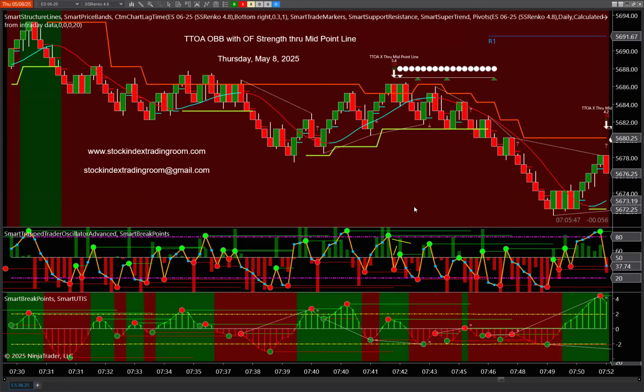So what are we doing? We're looking for, and when I'm working individually, people say, can you find a green dot above the purple line? Yes, I can. Can you find a green dot below the purple line? A red dot below the purple line? Yes, I can.